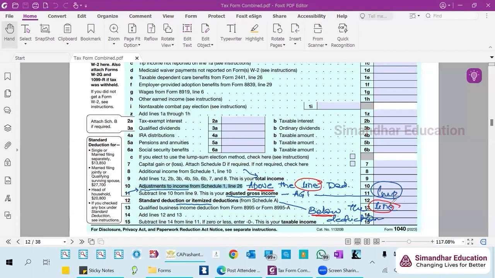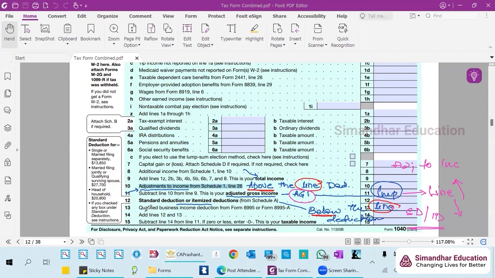There should be some line, right? That line is my AGI. AGI, which I said is important, is my line. Above the line are my adjustments to income, and below we have either standard deduction or itemized deduction.